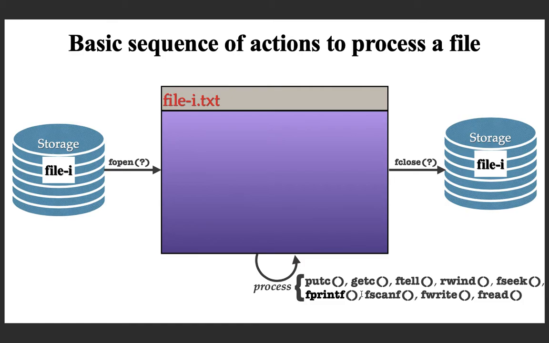So, this is what we know about the sequence of operations to process an existing file. If you have a file existing in the secondary storage, you can first open it, then do any operations using a program on that file, and finally you have to close it.